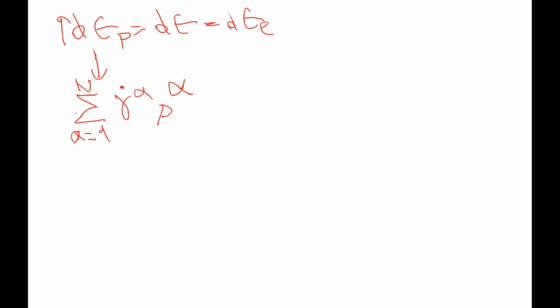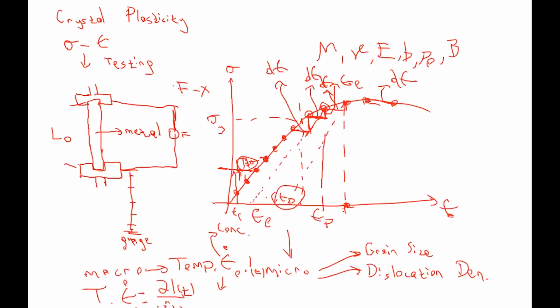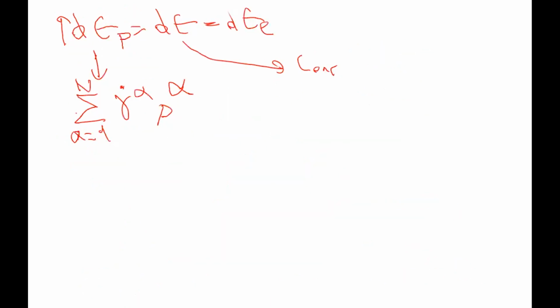Then, since the epsilon is constant, this is constant, right? For each step, we are controlling the epsilon. The epsilon is constant. And once we have plastic strain, the elastic strain becomes smaller, correct?